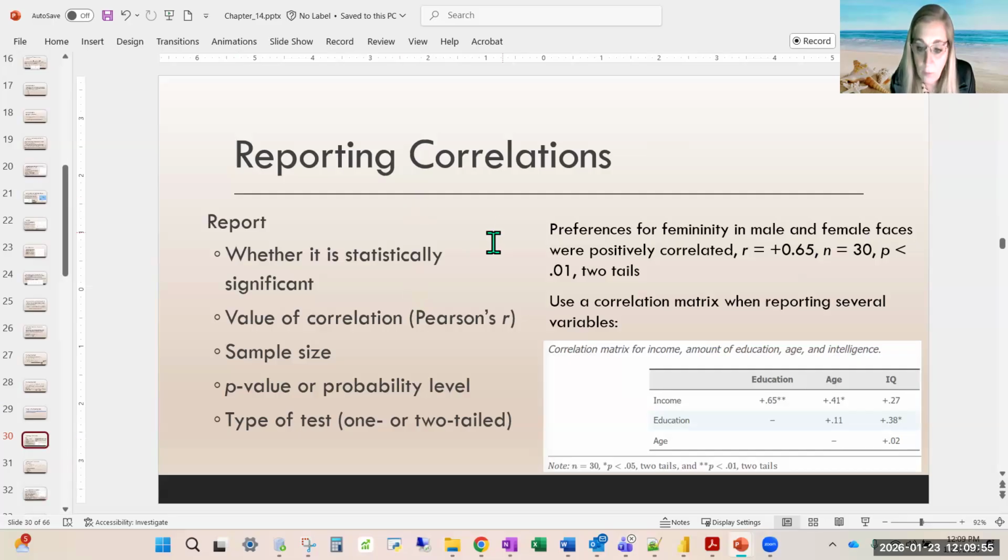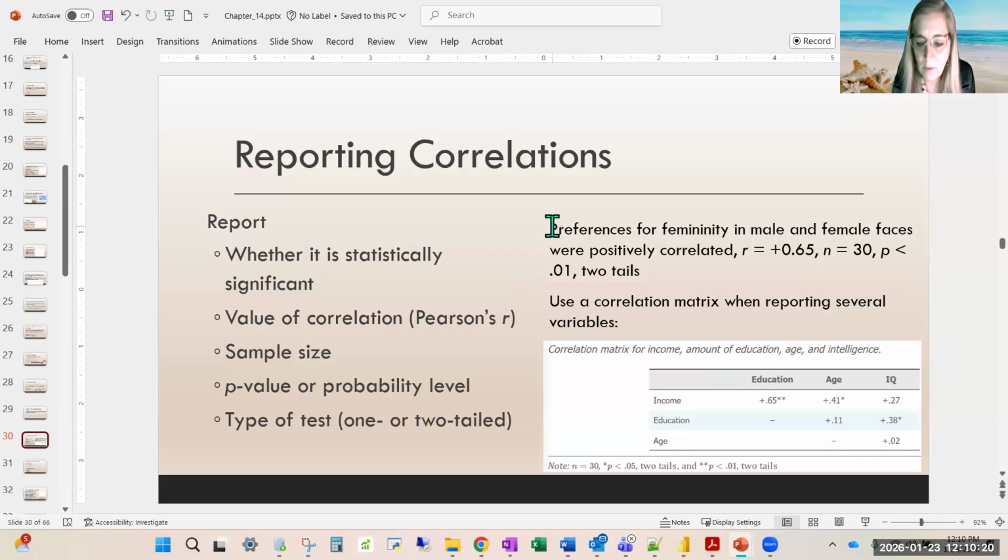All right, if you recall, we also need to report our results using APA format. Just like our other tests, we state if it was statistically significant. We give the statistical value, in this case Pearson's r, the sample size, the p-value, and the type of test, whether it was a one- or two-tailed test.